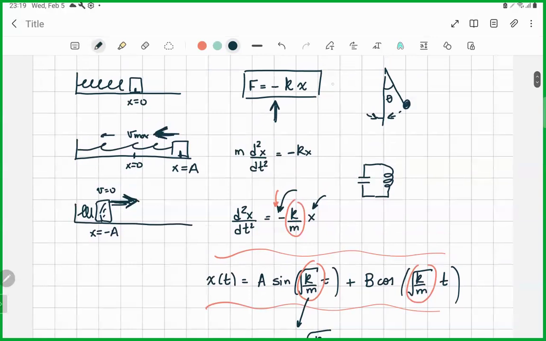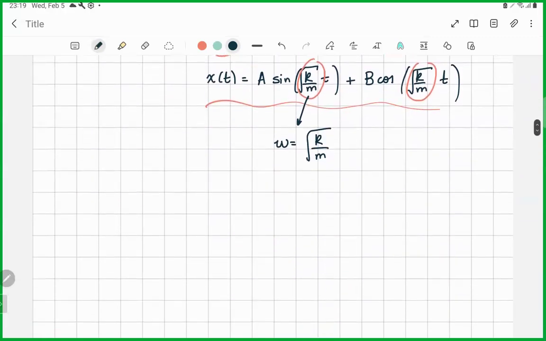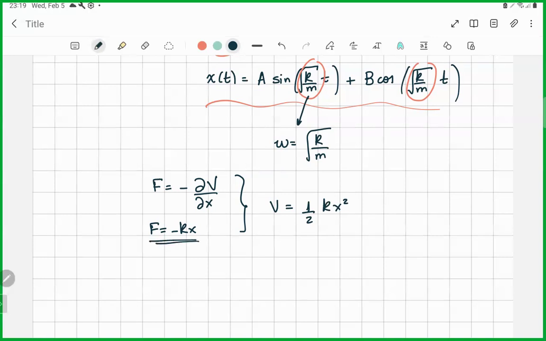So if this restoring force is written like this, what is the potential energy associated with this motion? Well, we know that force is minus the derivative of the potential energy. So if that force is minus kx, we know that the potential energy is 1/2 of kx squared, right? You do the derivative and we are going to get that.